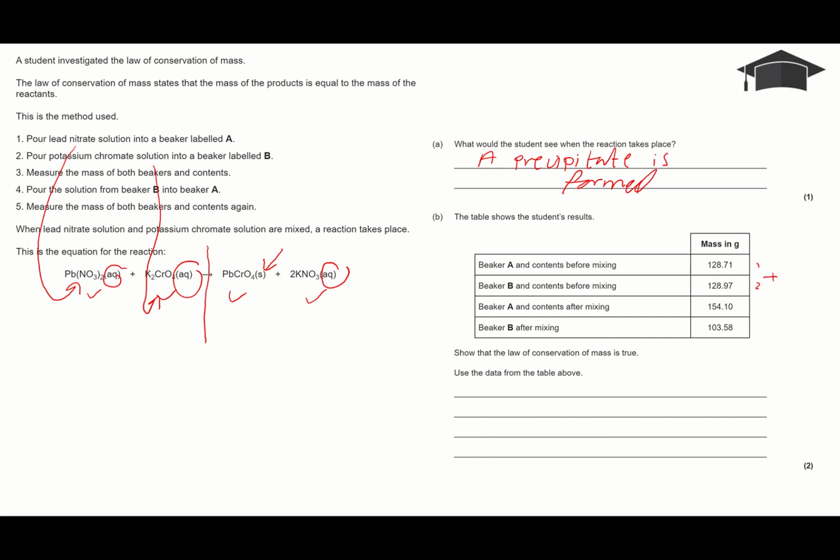Okay, so the reactants are both here and here. If we add their masses up, we would get 257.68 grams. Now if we look at the contents after mixing in beaker A and contents after mixing in beaker B, that would be the products.